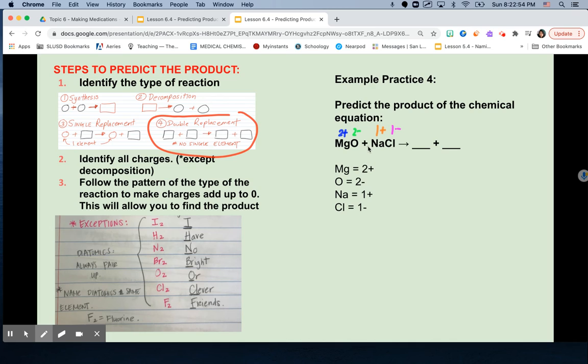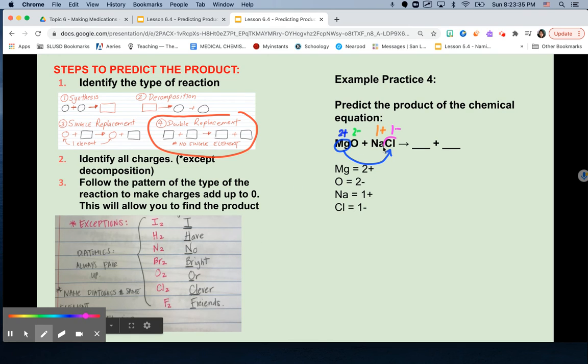So again, recalling that double replacement is this relationship and this relationship, they're going to break up and then they're going to trade who they're with. So Mg is either going to get with Na or with Cl. And don't forget that in chemistry, opposites attract. So if Mg is positive, it's going to get with the element that is negative. So since Mg is positive, it's going to get with Cl instead.